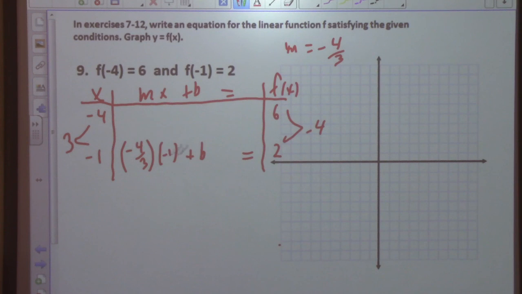What's negative 4 times negative 1? 4. So we got 4/3 plus b, and how many thirds do we have in 2? 6. And then we subtract. What do we get when we subtract here? 2/3. So b is equal to 2/3.